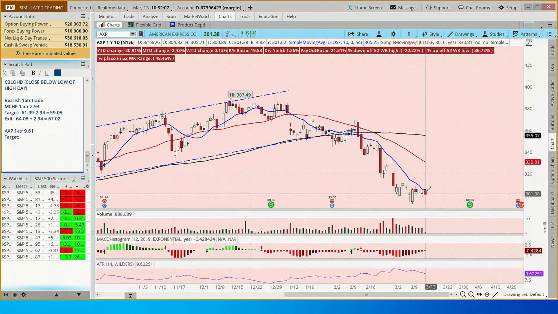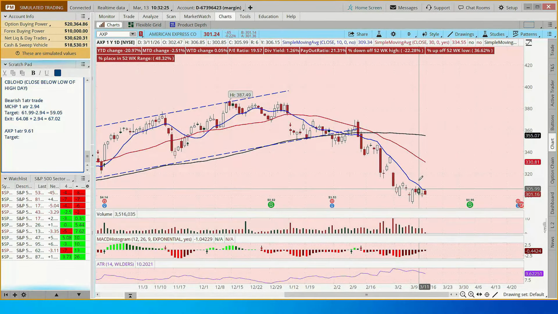I had a different number. So 389, minus our 961. I'm going to do that on my little calculator here. 389 minus 961. You guys feel free to double check my math. 291.28. So our target is going to be 389 minus 961.